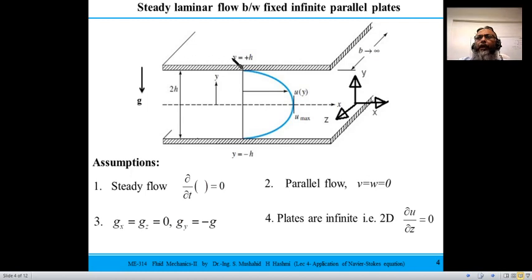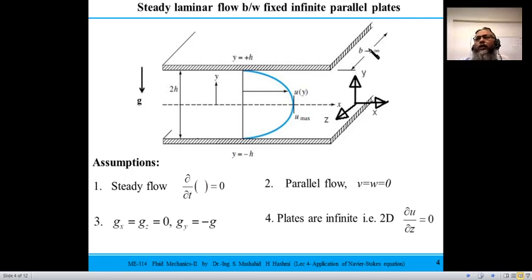So we take the width b to be very large, approaching infinity. We have very large, infinitely long plates. It means whatever section we cut here, the velocity profile remains the same. So we are not talking about what is happening at the edges of these infinitely wide plates.